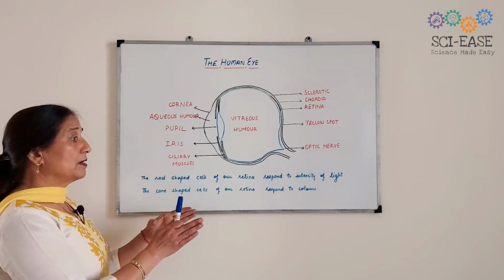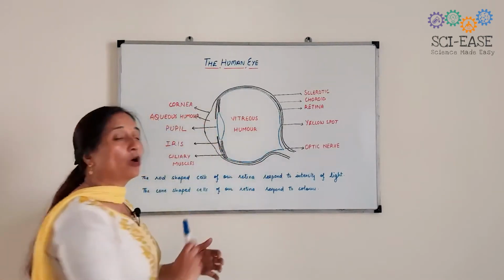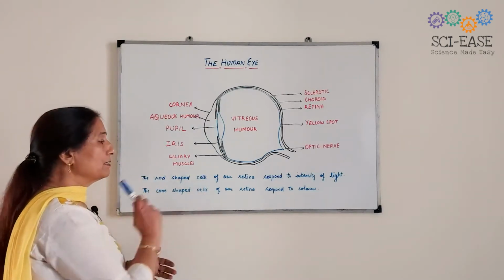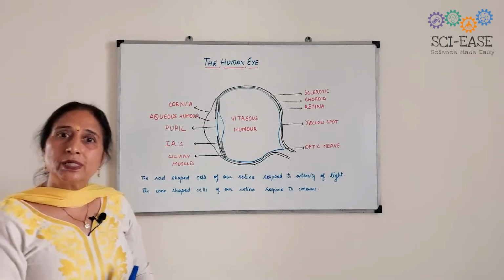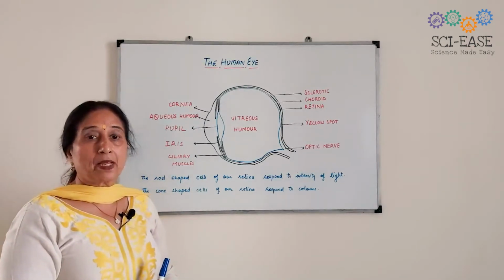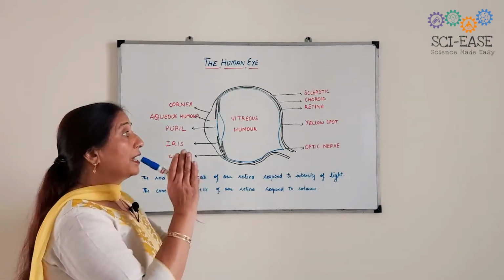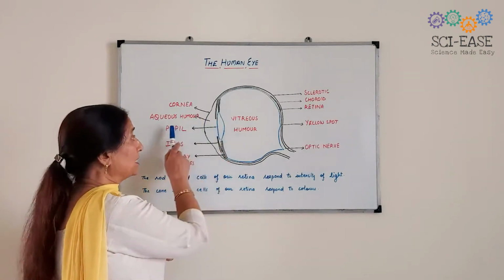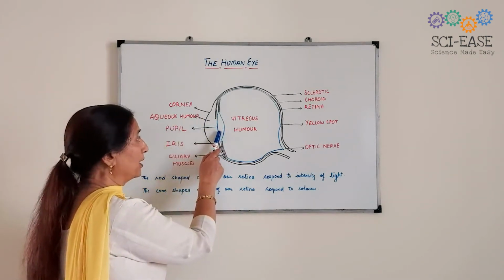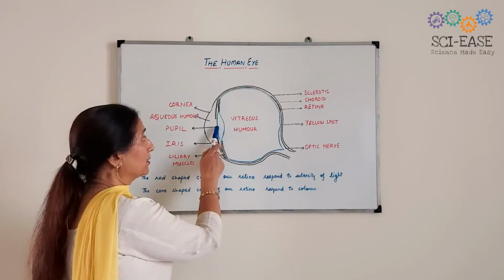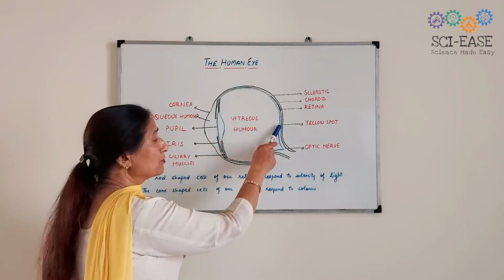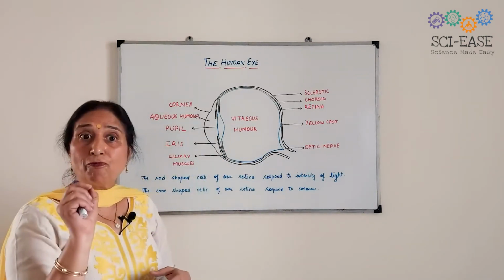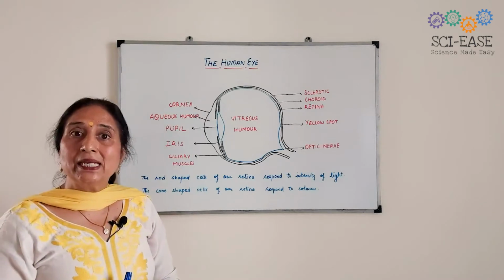Rod-shaped cells respond to the intensity of light, while the cone-shaped cells respond to colors. Light will enter through the cornea, then through the lens, and the image is formed on the retina. The part where the image is formed is known as the yellow spot.